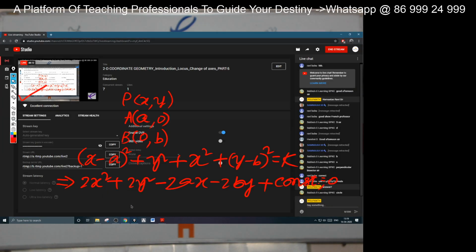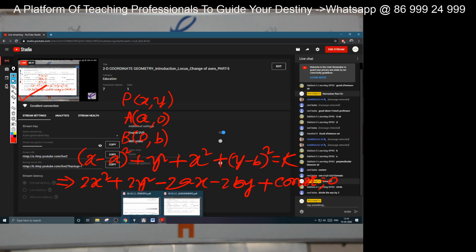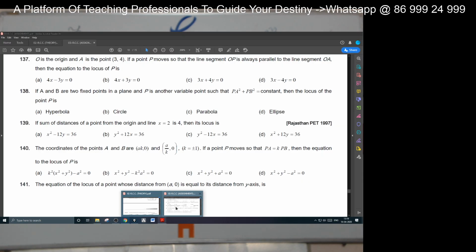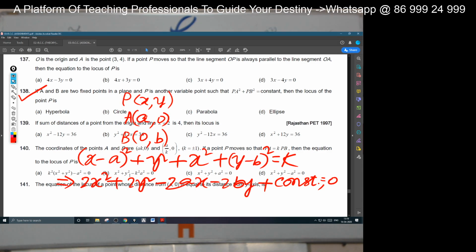Yes, that is a circle, great. That is a circle because the coefficient of x square is equal to the coefficient of y square.